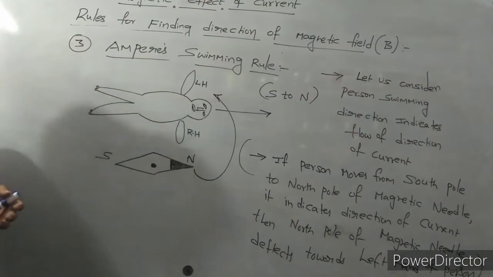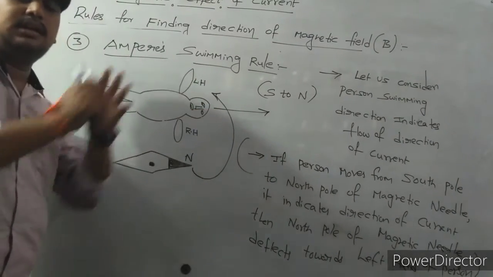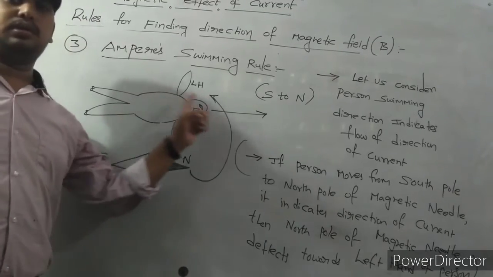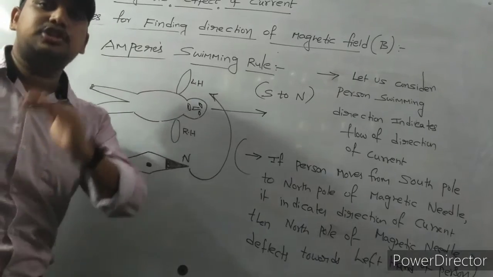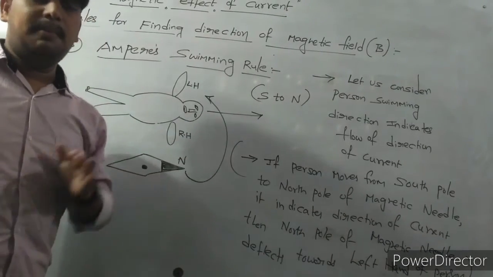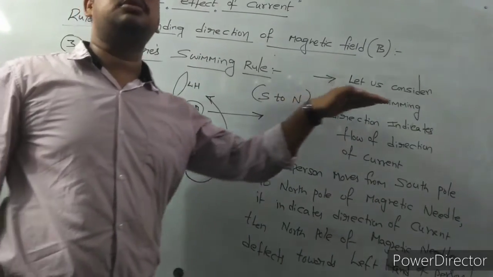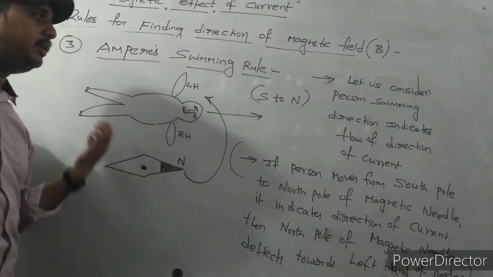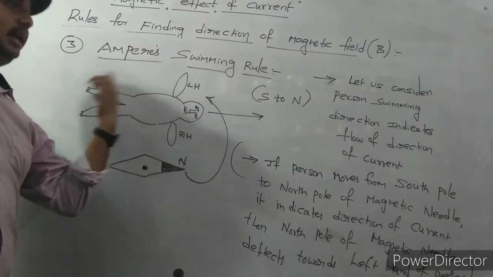Please observe carefully here. Let us consider a person swimming here. The person's swimming direction is south to north. The person's moving direction indicates the direction of flow of current. Whenever the person moves from south to north, the needle deflects towards the left hand.